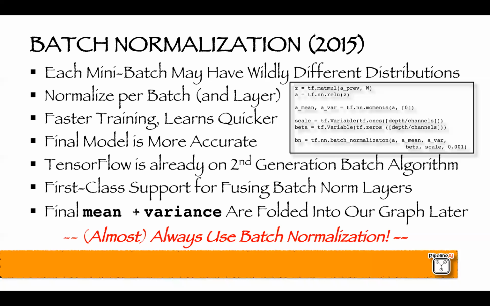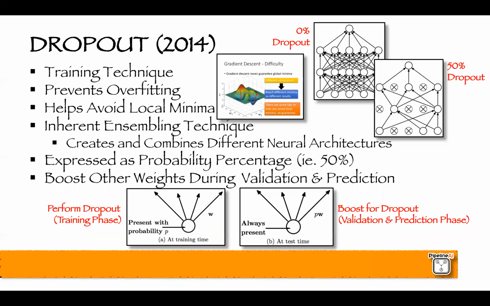So dropout here, obviously a very popular technique, paper in 2014. Typically people use 50%, which seems pretty high, but what you're doing is you're always introducing more and more randomness.